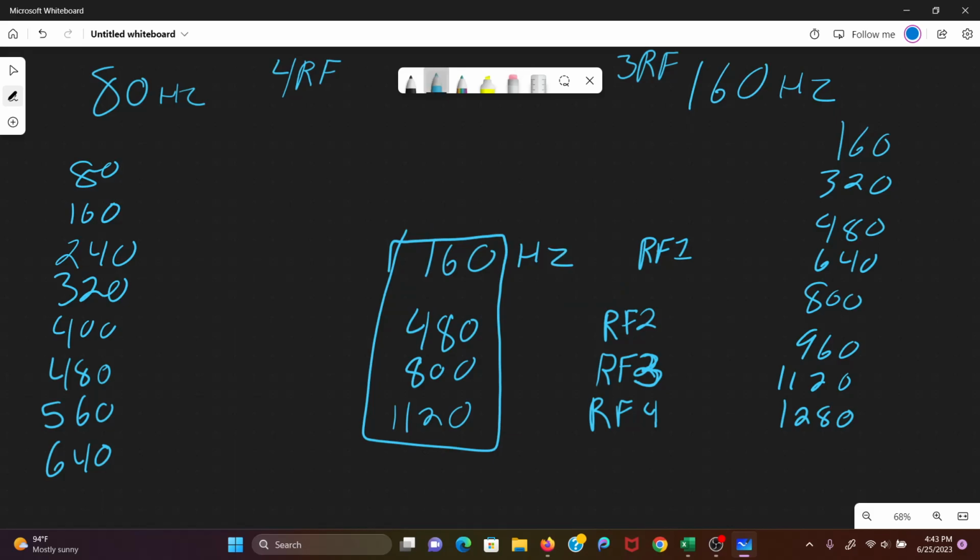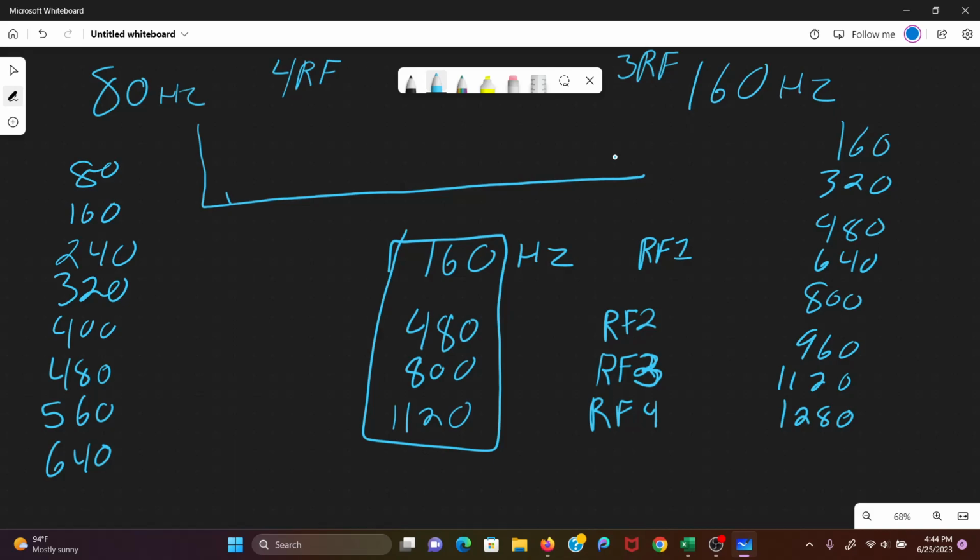We're going to have 80, which is not accentuated at all.